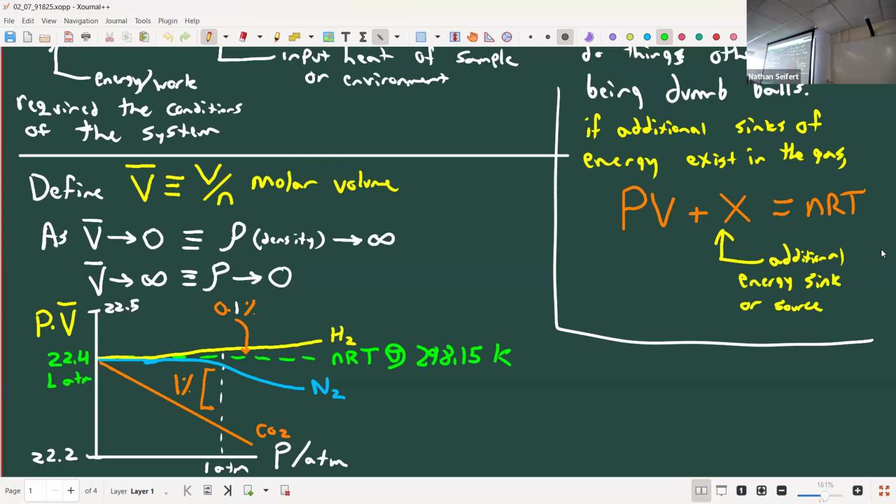What if you're doing an industrial process over the course of a year where you're processing millions of moles? We'll look at an example of the commercial production of ammonia. 1% is millions of moles and millions of dollars.